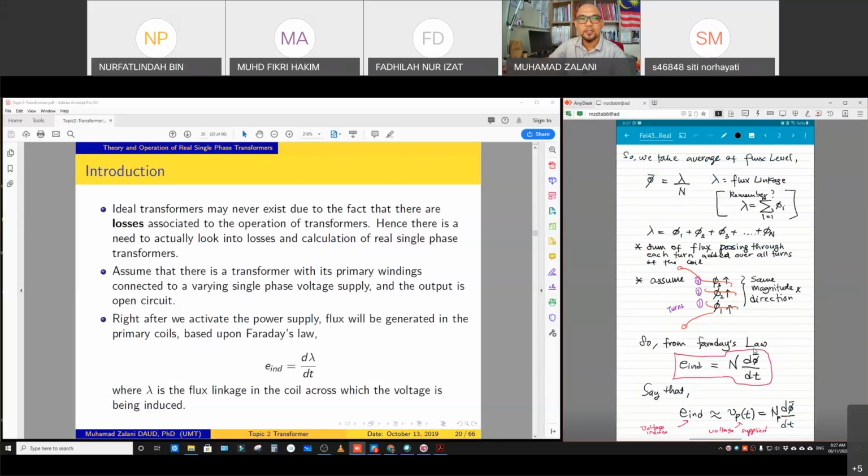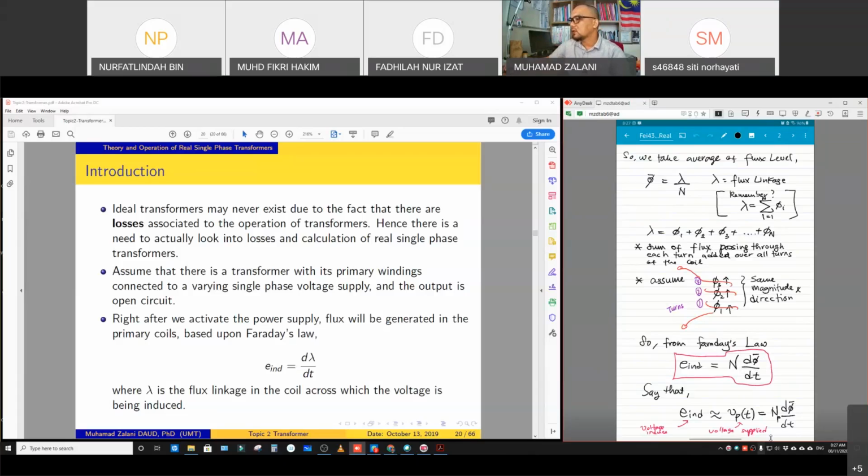times the rate of change of phi, which in this case, we consider average phi because we are talking about transformer with losses. We are talking about a real single phase transformer. That is why we consider it as d phi bar dt, which takes into account the different values of phi that we have here.